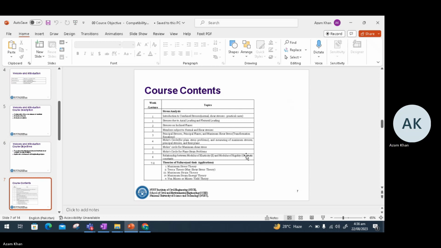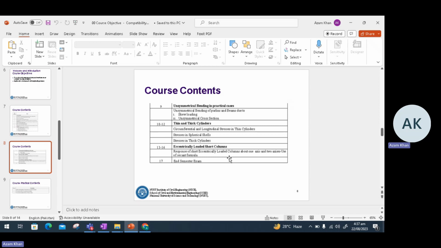This relationship will later be used to develop other interesting concepts like theory of elasticity and theory of failures. Weeks 7 and 8 would be devoted to theories of failures. These are different theories on which codes of practice are developed, and these maximum stress theories are based on whatever we would have done in the previous weeks. Then we'll move on to unsymmetrical bending.